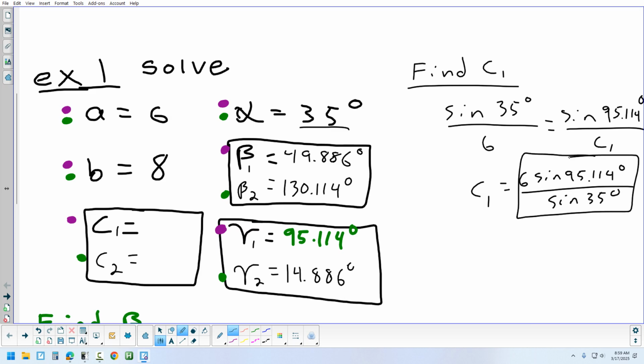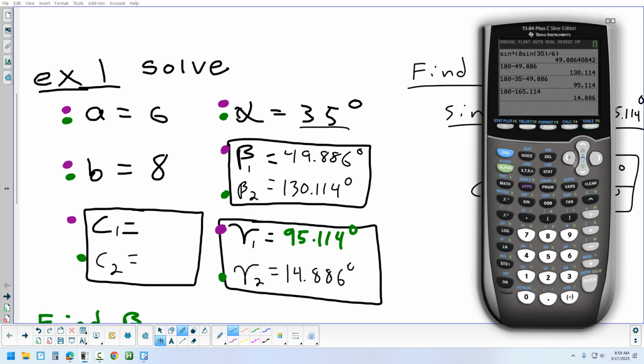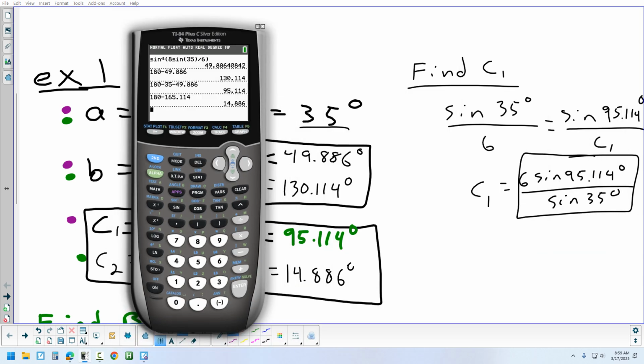Okay, so that is our answer for C1. So we've got 6 sine 95.114 divided by sine 35. That's 10.419.